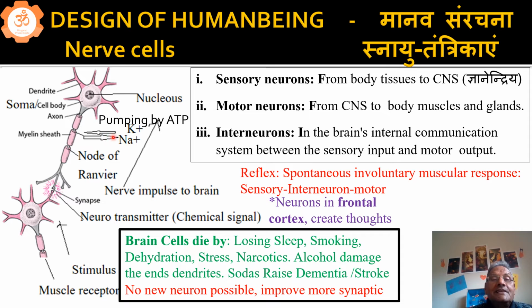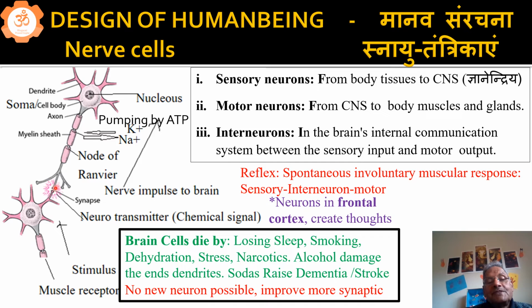So likewise, the sodium and potassium ions play an important part in creating action potentials here. And this message is passed on to the other neuron through dendrites.